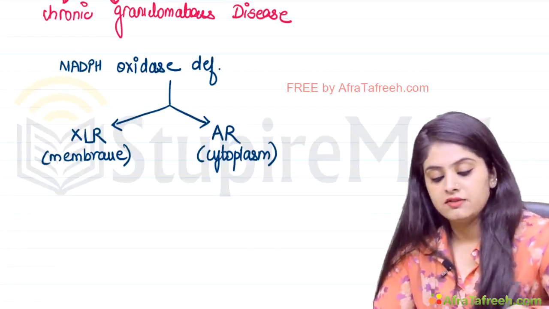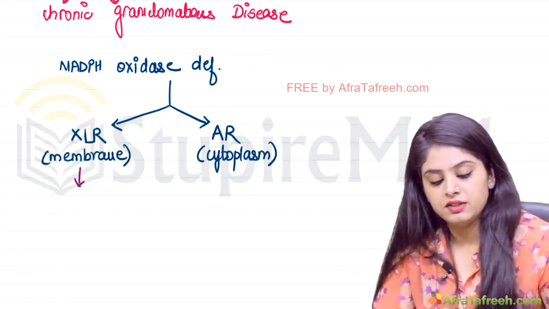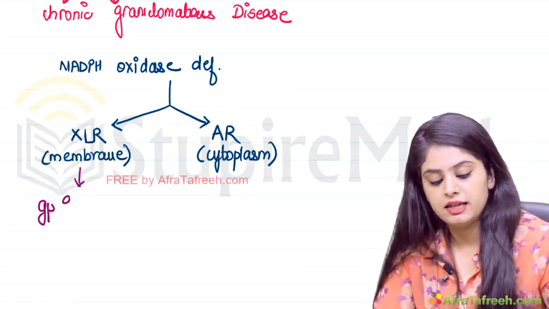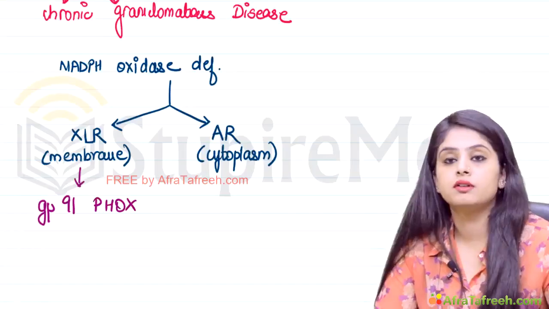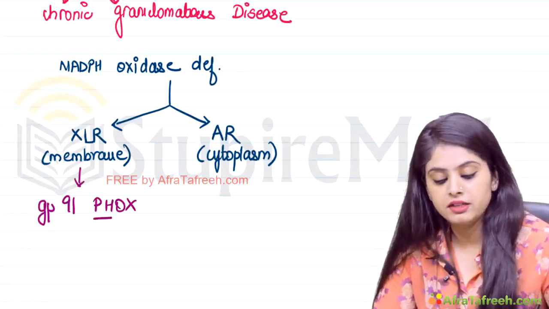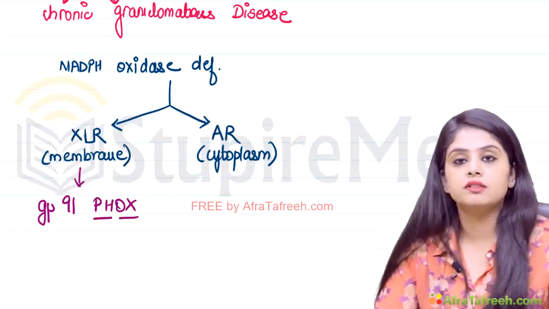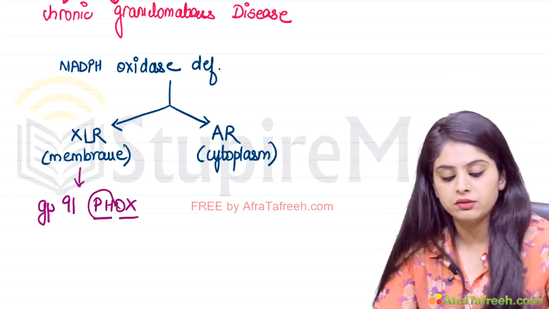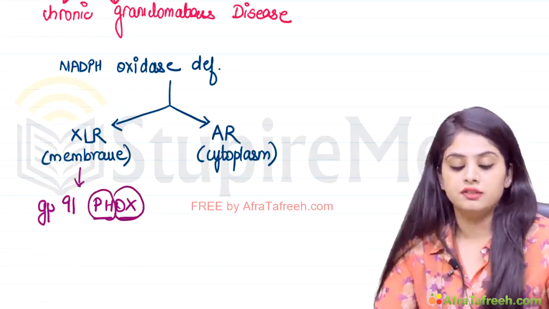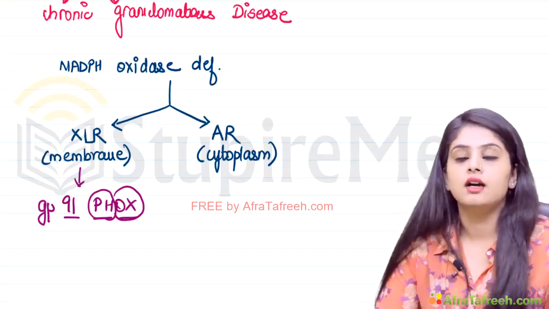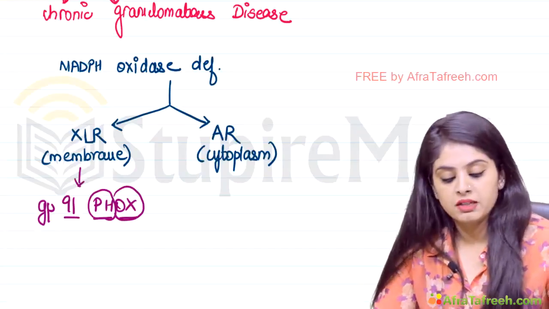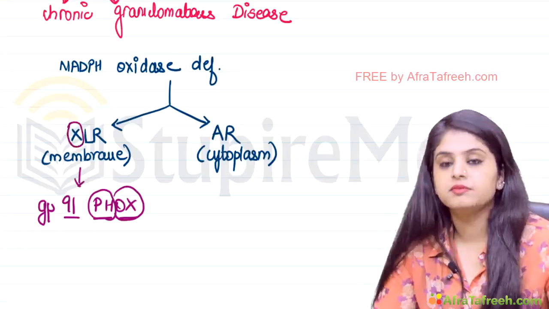Now the gene that is defective in X-linked recessive is GP91 PHOX. What is PHOX? Phagocyte oxidase. NADPH oxidase is involved in phagocytosis, so phagocyte oxidase, GP91. How will we remember this? This is X-linked recessive.